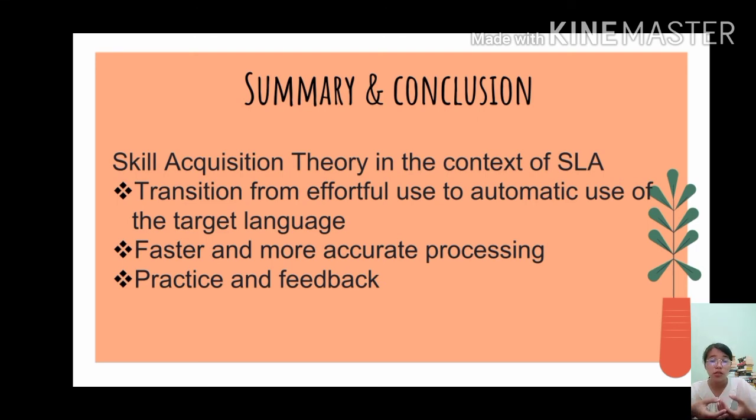Skill acquisition theory, when used in second language acquisition, is explained as a gradual transition from effortful use to more automatic use of the target language, with the ultimate goal of achieving faster and more accurate processing of the language, brought about through practice and feedback in meaningful contexts.